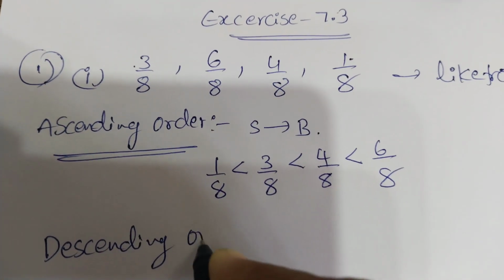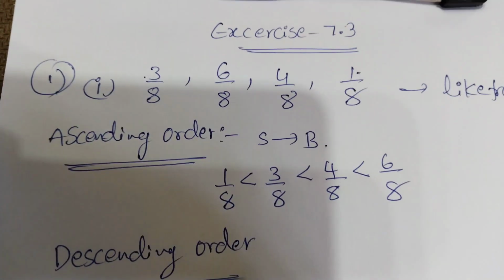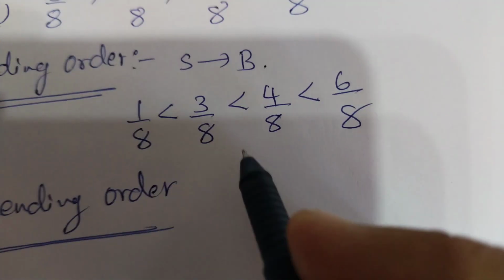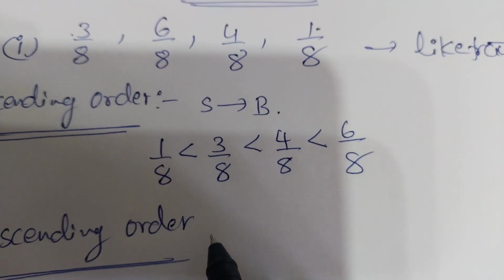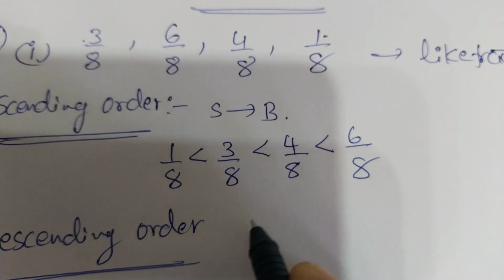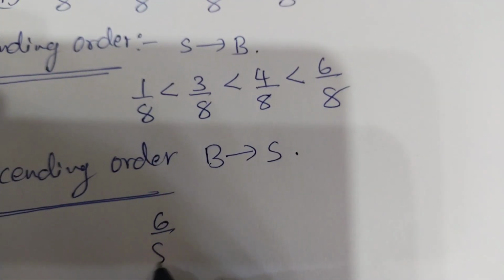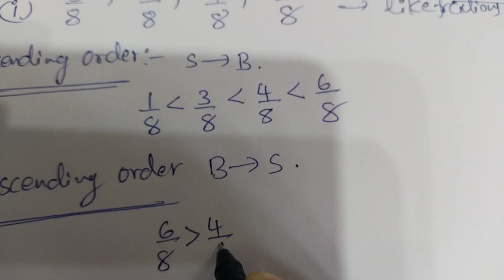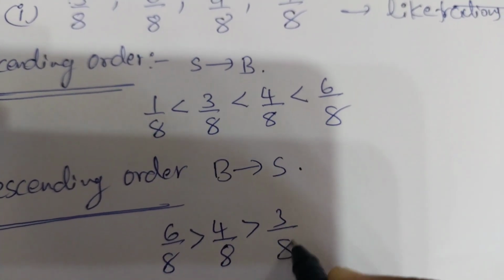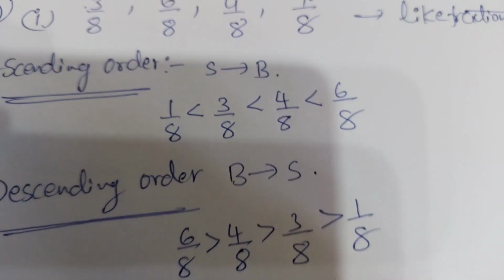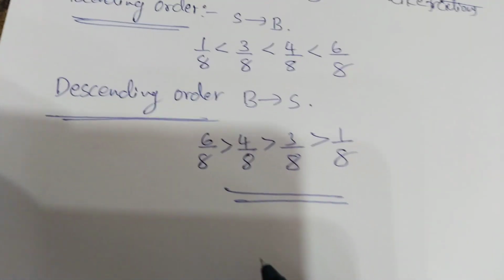Ascending order means smaller to bigger, descending order means bigger to smaller. 6 by 8 is greater than 4 by 8 is greater than 3 by 8 is greater than 1 by 8. This is the answer.